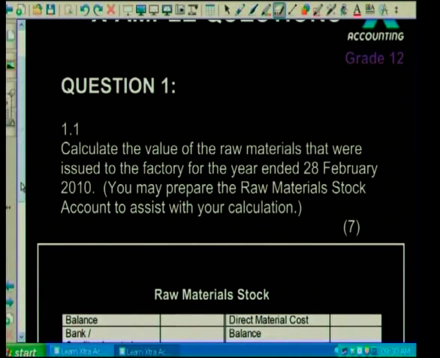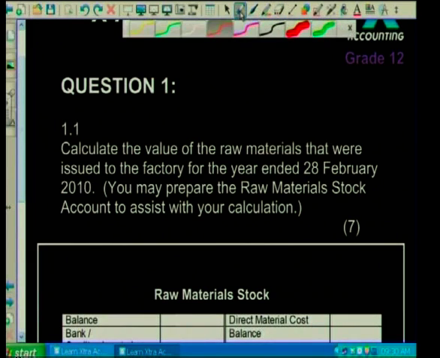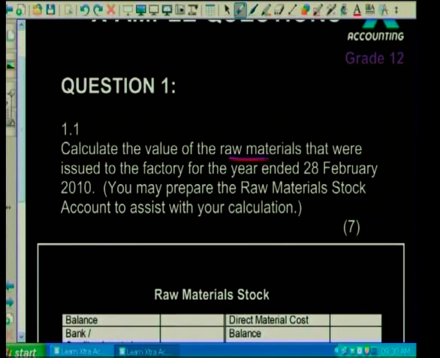Right, 1.1, we're required to calculate the value of raw materials that were issued to the factory for the year ended 28th Feb 2010. And then they tell you, you may prepare the raw material stock account to assist you with your calculations.